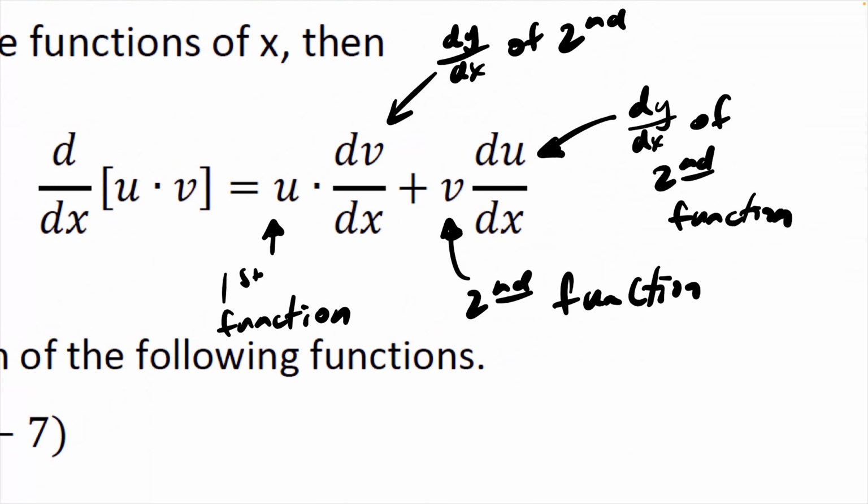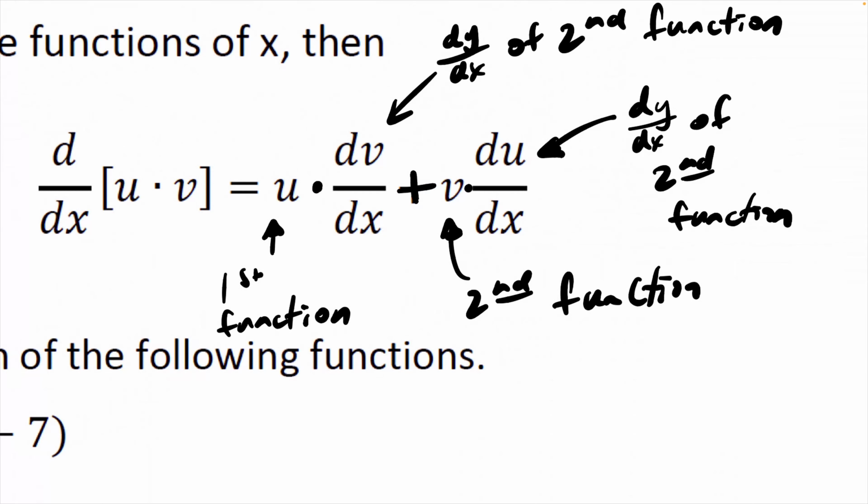Okay? So, first function is u times the derivative of the second function, plus the second function times the derivative of the first.